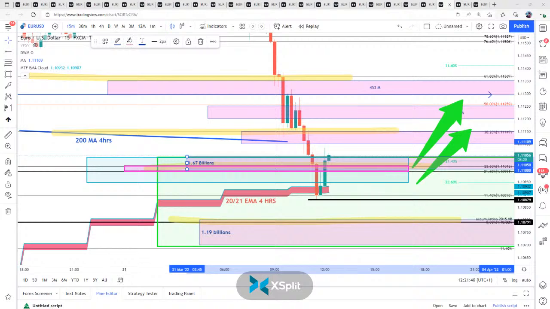So I added here, which was like now 111.48. And the stop is just under the candle.